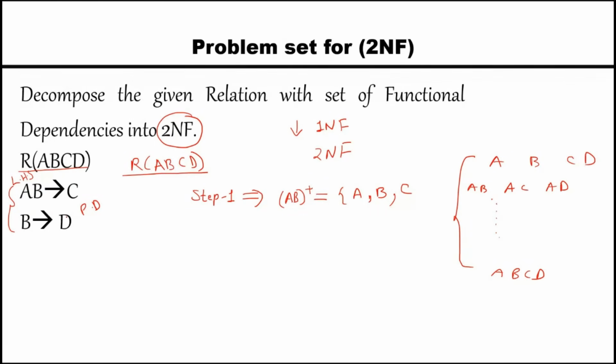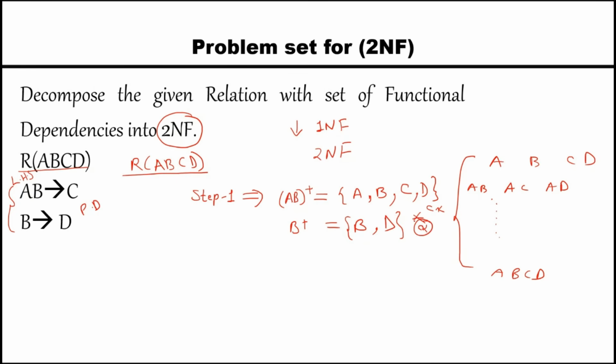With B determining D, I can write D. So luckily, in the first shot I got this candidate key. Now I have to go for B plus also. B plus gives B, and then D, but you can't determine A and you can't determine C. So this is not a candidate key.